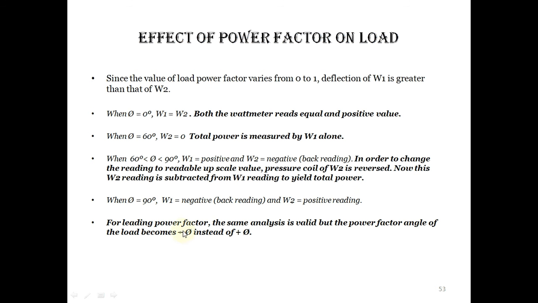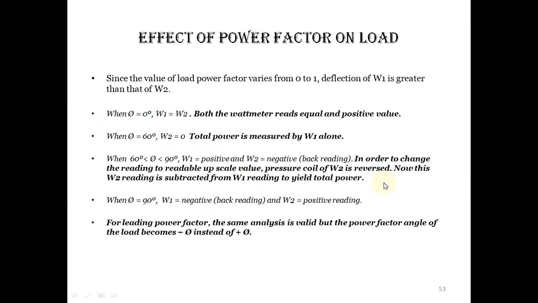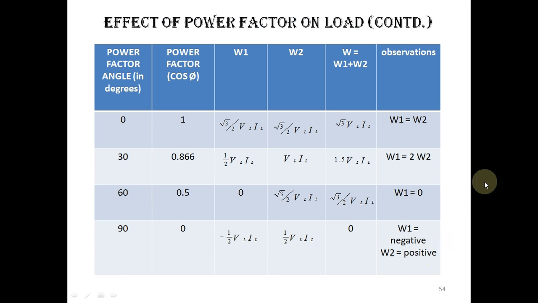For leading power factor, the same analysis is valid, but the power factor angle of the load becomes minus phi instead of plus phi, as already discussed many times. That is the chart given here. Just verify it, because somewhere W1 was plus phi, minus phi. Otherwise, the analysis holds good; W1 will be replaced by W2 depending on the scenario.